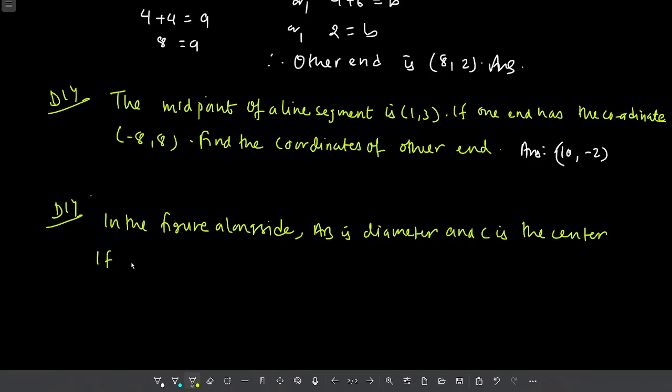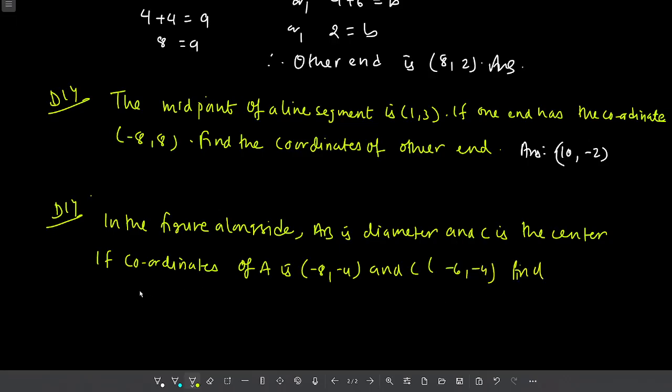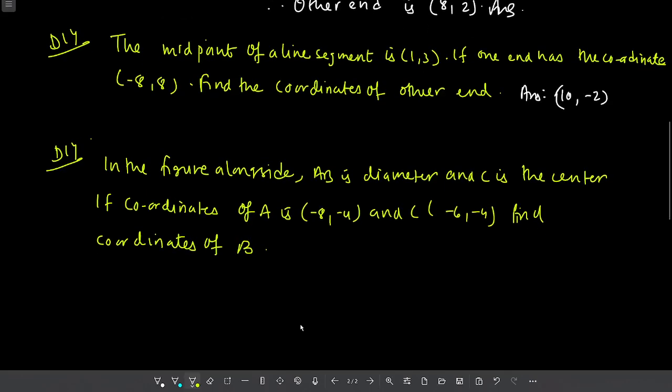If the coordinates of A is minus 8 comma minus 4 and C is minus 6 comma minus 4, find the coordinates of B. Now we need to find the coordinates of B.